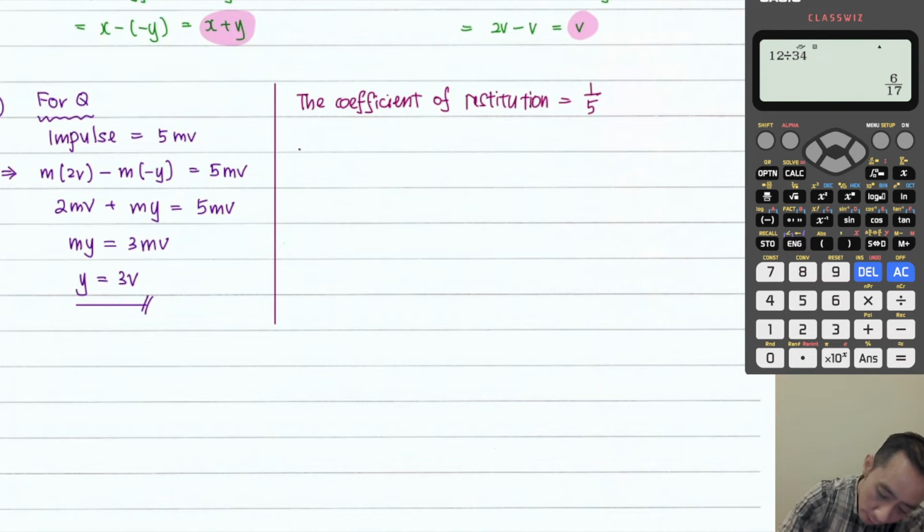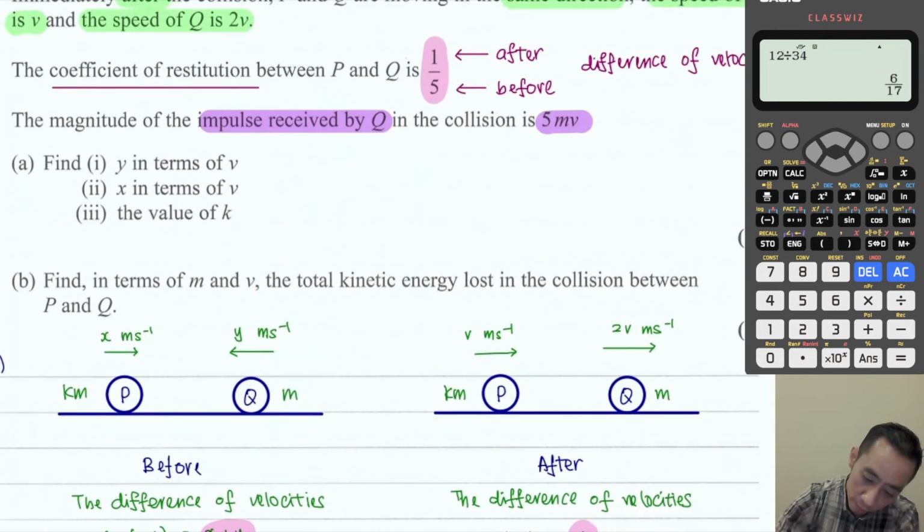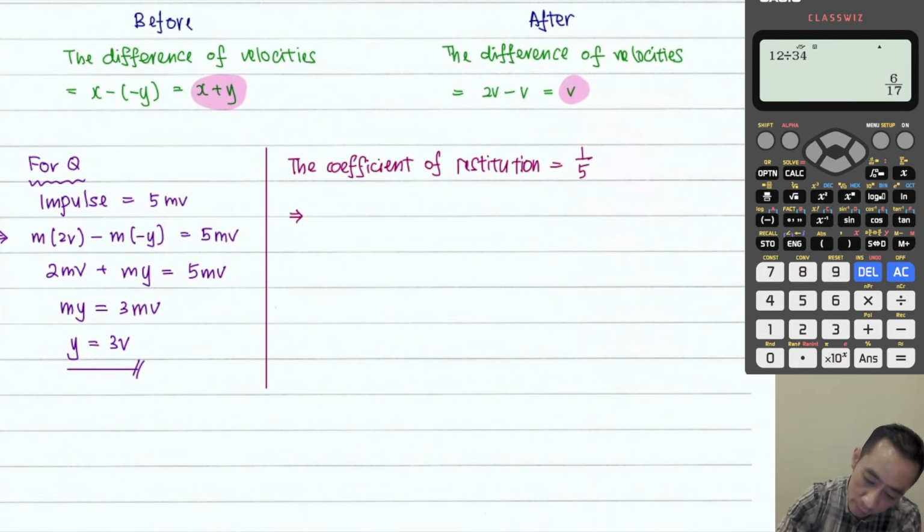Okay, so now I have to take after. The after is v, and then the before is x plus y, so it equals 1 over 5.